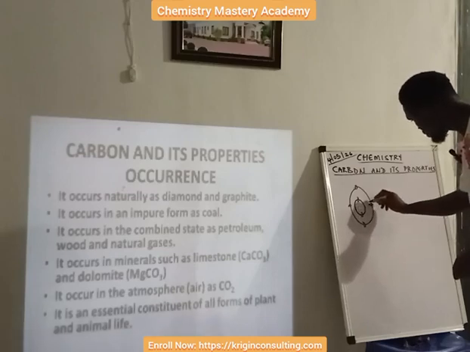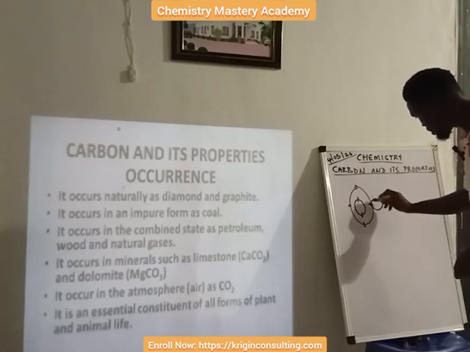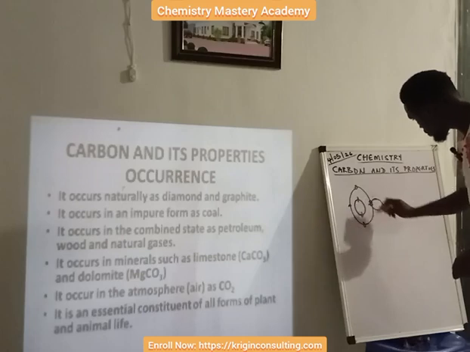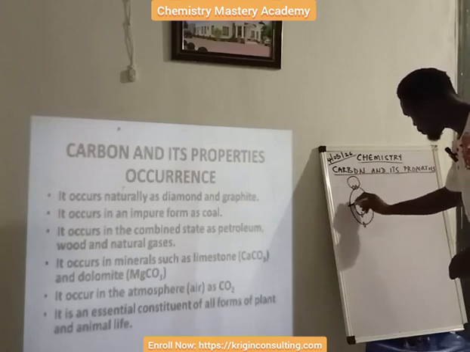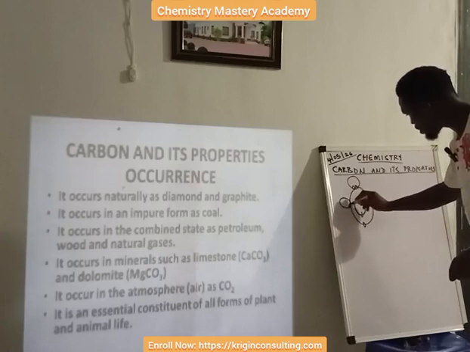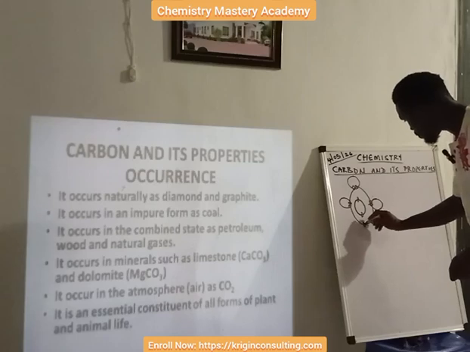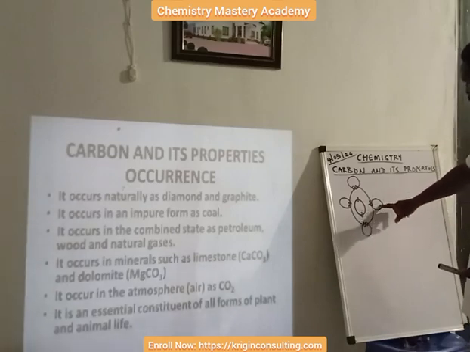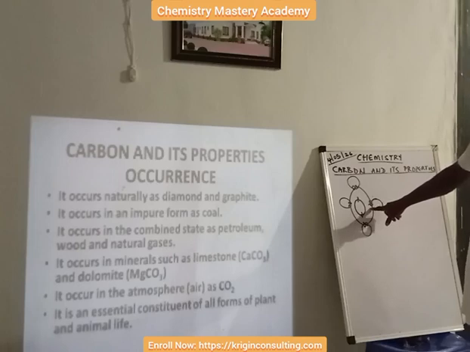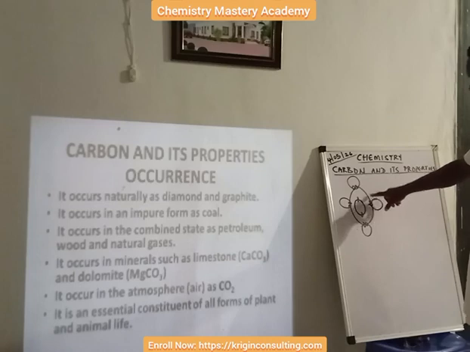So we have a hydrogen coming in here with its own electron. We have another hydrogen coming in here with its own electron. We have another hydrogen coming in here with its own electron. We have another hydrogen coming in here with its own electron. Now you see that when this hydrogen comes here, it brings in its own electron, sharing it with this carbon.